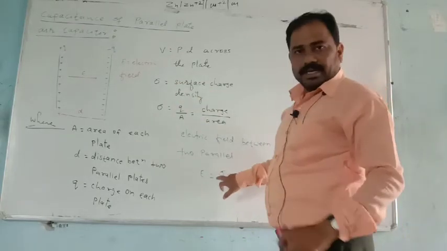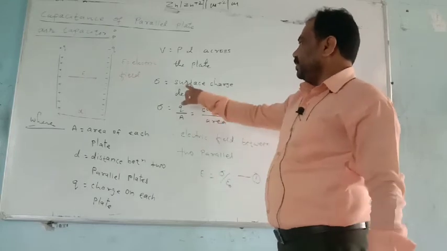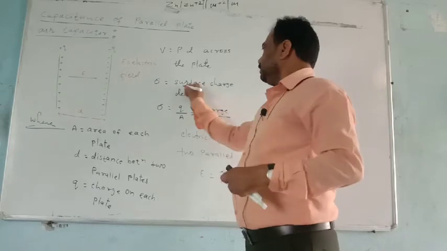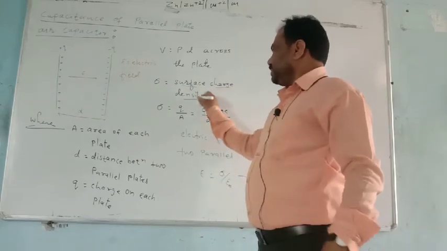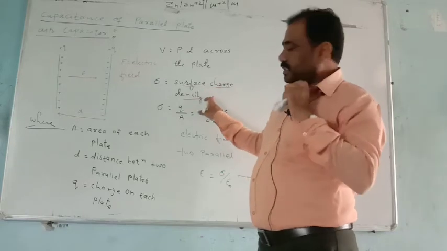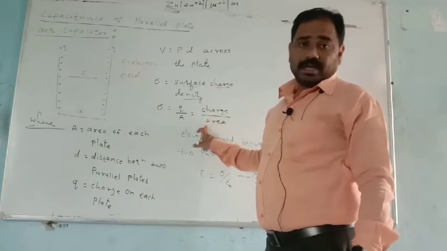But we know sigma here. Sigma means what? Surface charge density. The meaning of surface charge density is charge upon area.